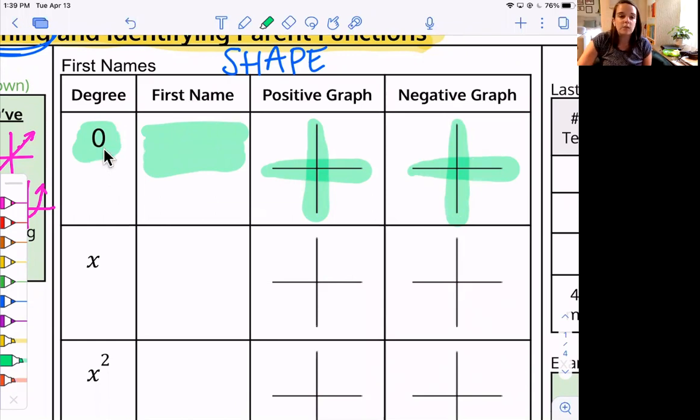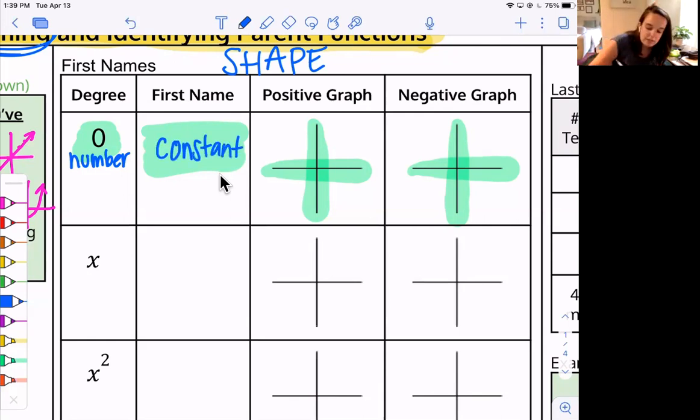So when the degree is 0, that means we're just dealing with a number, just any number: 18, 35, 27, -4. Any number. When we just have the number, the first name is called a constant. And the graph just looks like a flat line, like that.